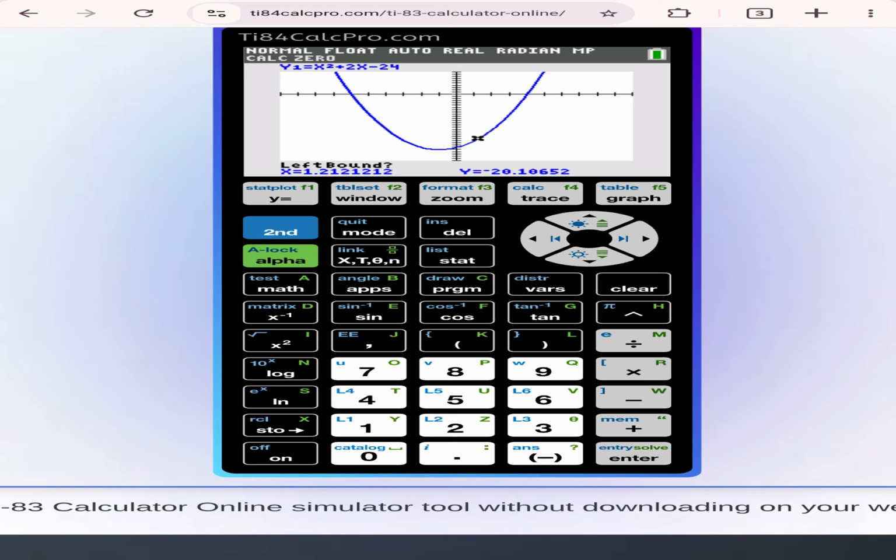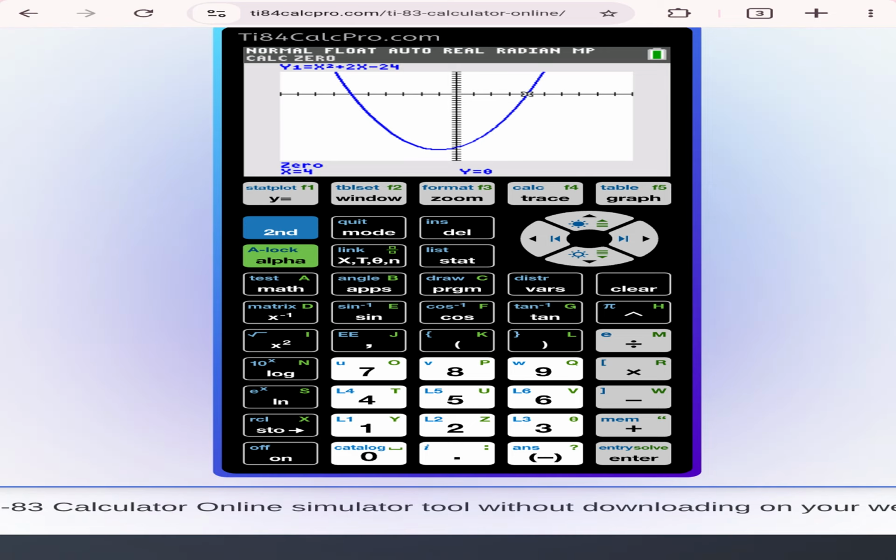Now, when the slope of your line is going upwards and it asks you left bound, then you're going to be below the line. So hit enter, and then it will ask you right bound. You go above the x-axis, press enter. It will say Guess, press enter one more time. And now we get another clear value that our x-intercept is 4 when y equals 0.